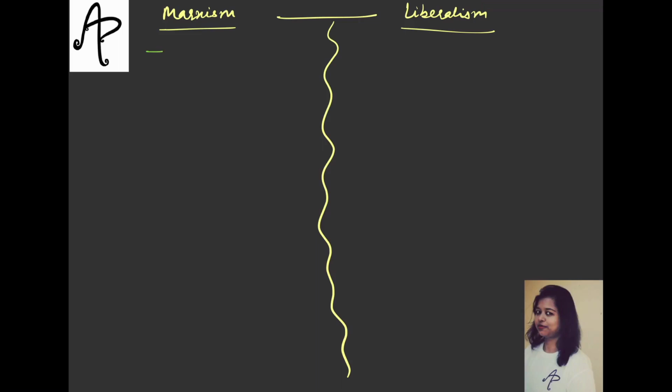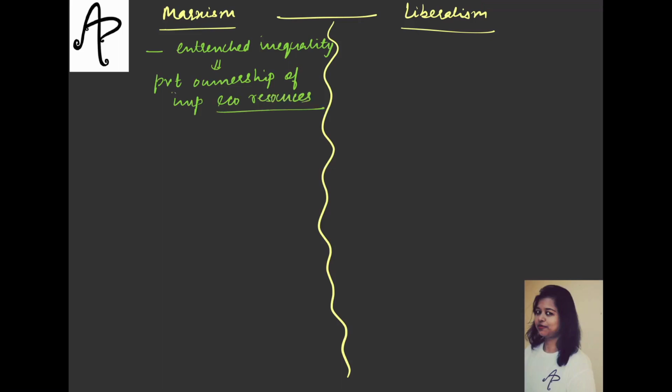According to him, the root cause of entrenched inequality has been private ownership of important economic resources. You talk about land, forest, oil, any such thing.